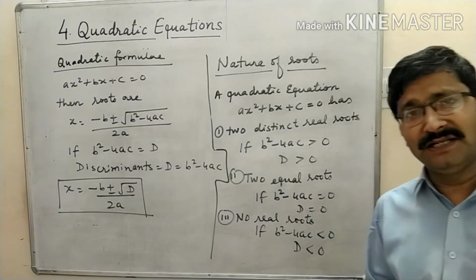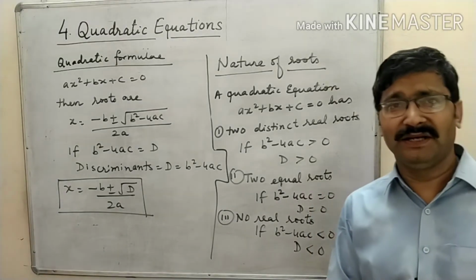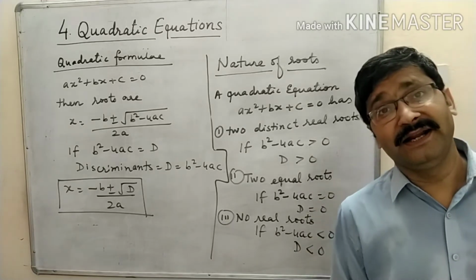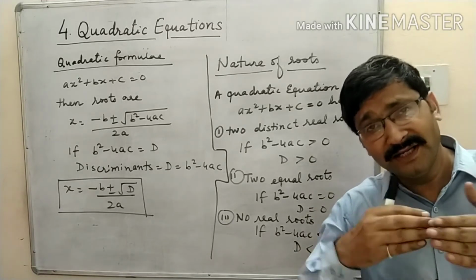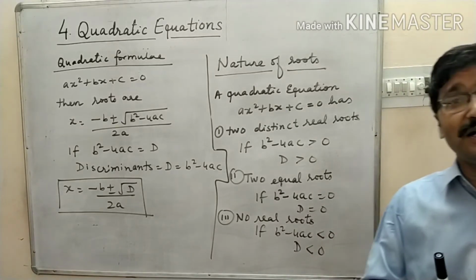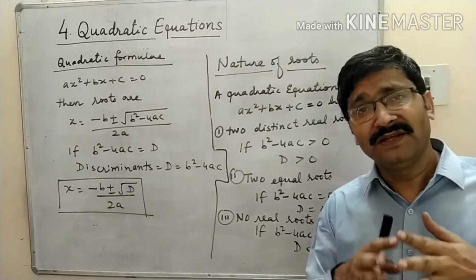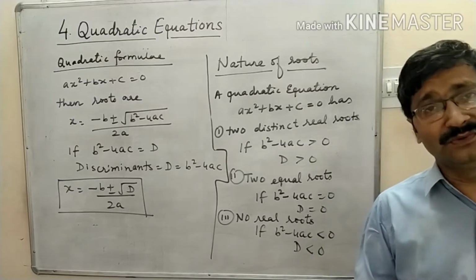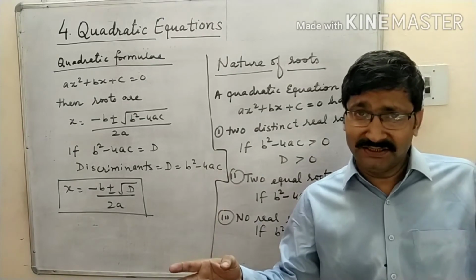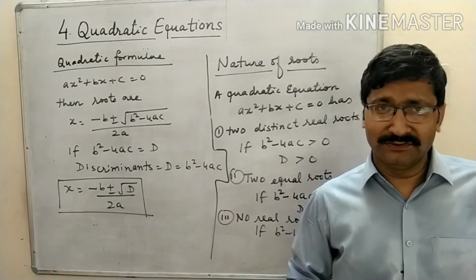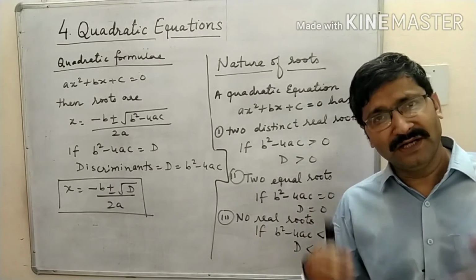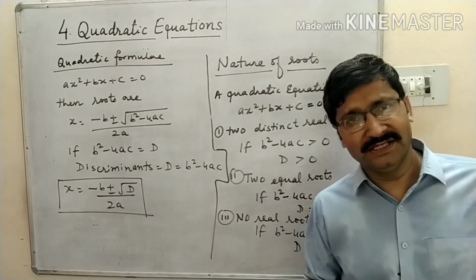That is when b square minus 4ac is less than 0, meaning negative. If the discriminant is negative, we say we cannot find the real roots. So we have three cases: the roots may be different, may be equal, or there may be no real roots. The discriminant is greater than 0, equal to 0, or less than 0. So these three cases you can find out.